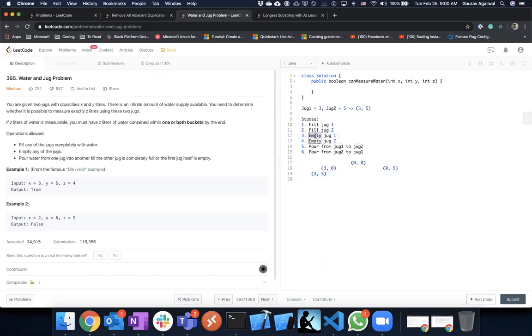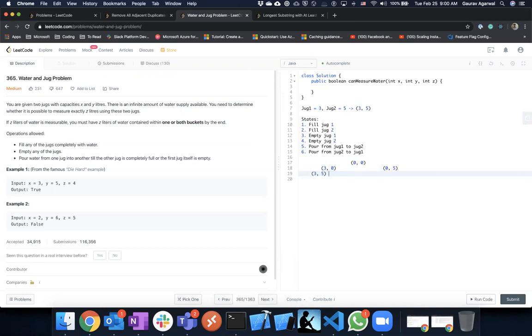What's the third operation? Empty jug 1. If we empty jug 1, we reach 0 0, which we already have as the root state, so we ignore this operation. We can empty jug 2, which leads to 3 0, already present at this location, so we ignore that.